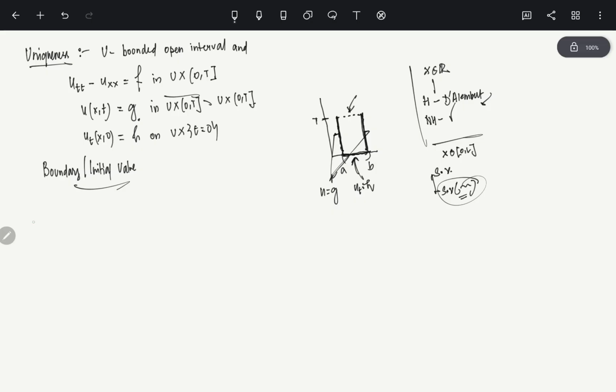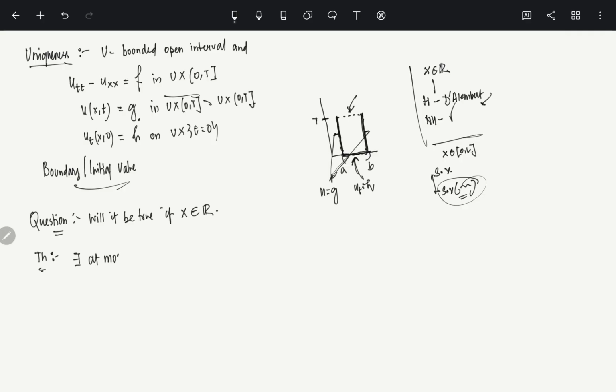Now for this problem, one question I want to pose here: the theorem which I am showing, will it be true if x is in R? This is the question which I want you to answer. So the theorem which I am putting here is called the uniqueness theorem. It says that there exists at most one solution.